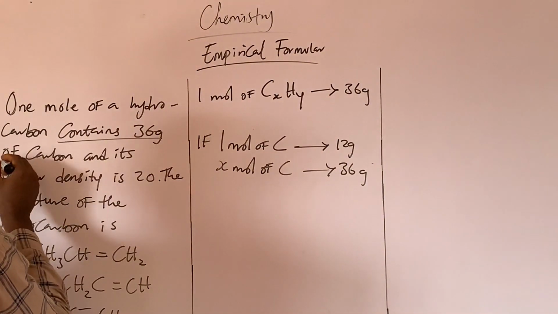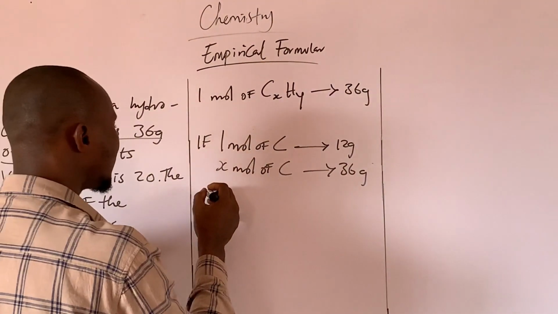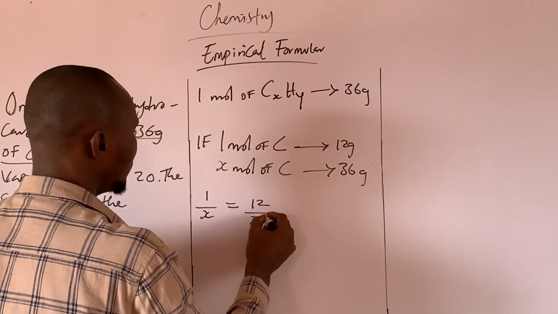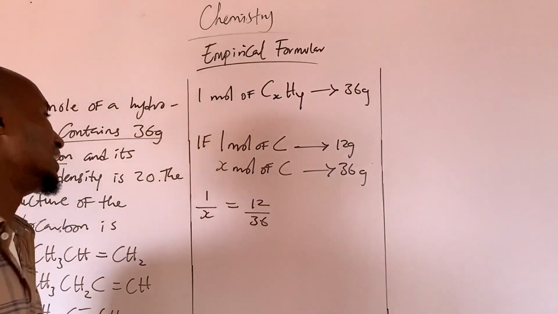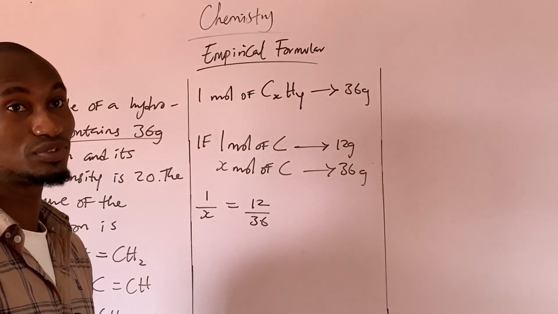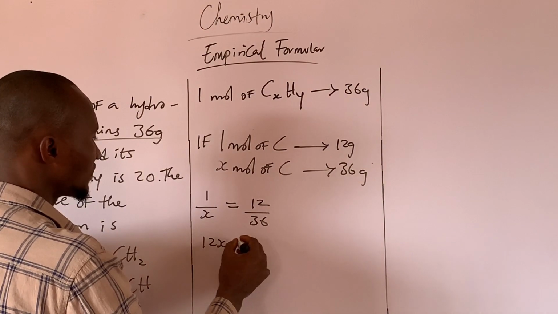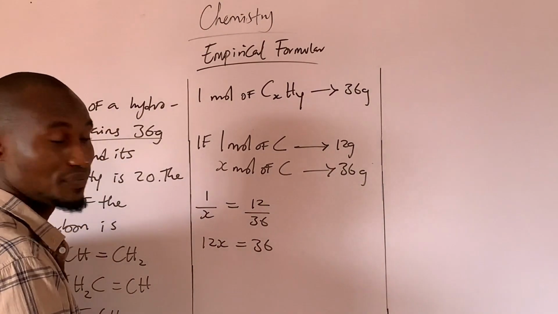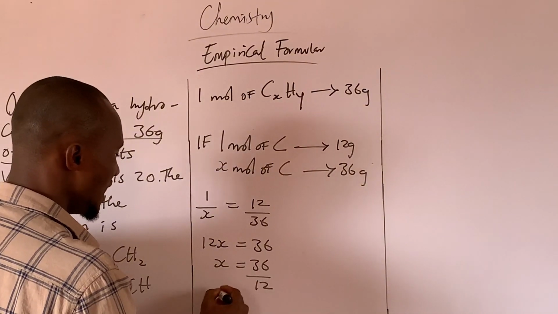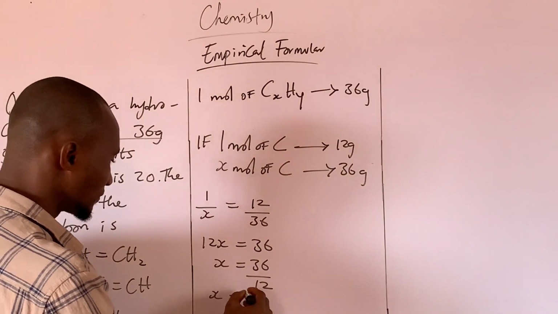This means 1 over x equals 12 over 36. Remember I told you this question connects to stoichiometry; we are on stoichiometry right now. You cross multiply. This gives 12x equals 36, so x is 36 divided by 12. x equals what? 3.